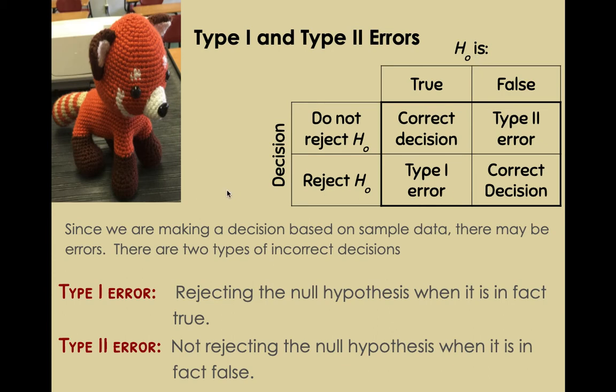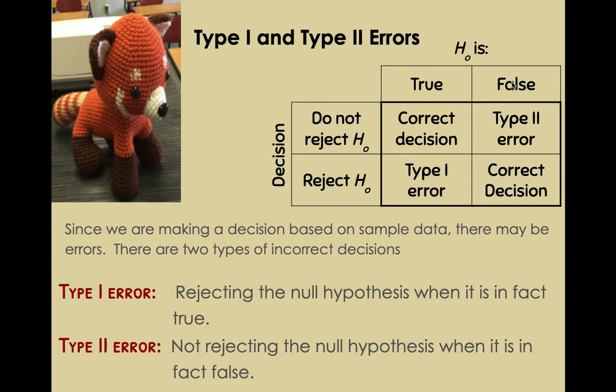So I'm going to do my test and make my assumption here. So if they do have the flu and my test says, don't reject my null hypothesis, I made a correct decision. But if they have the flu and I reject that and I say they don't have the flu, that's a type 1 error.